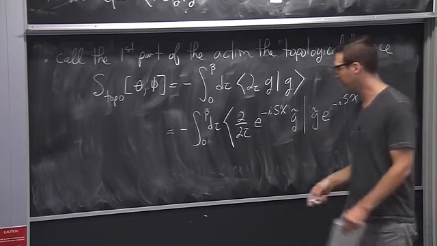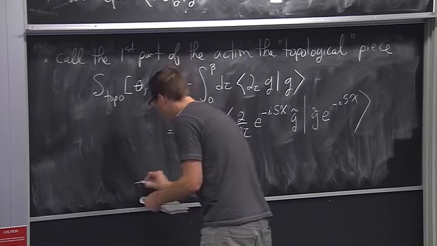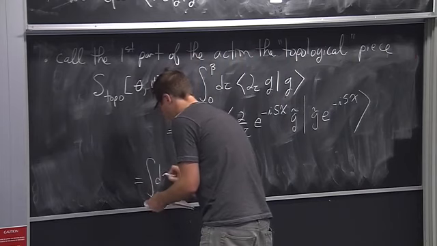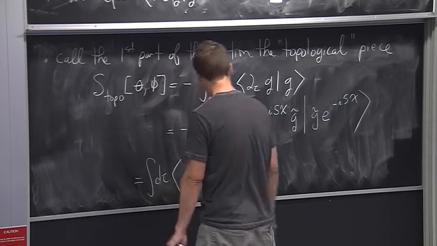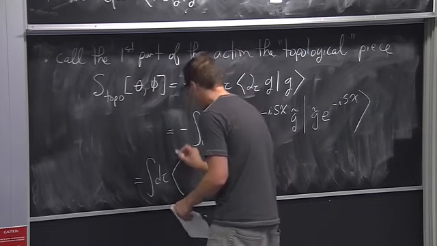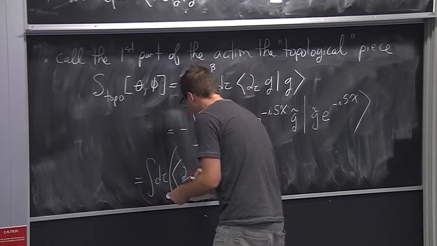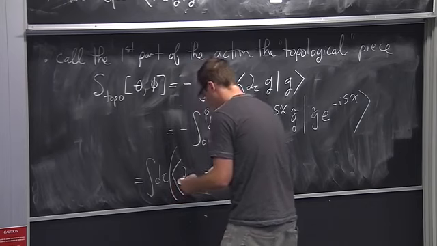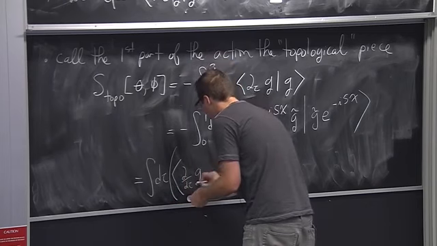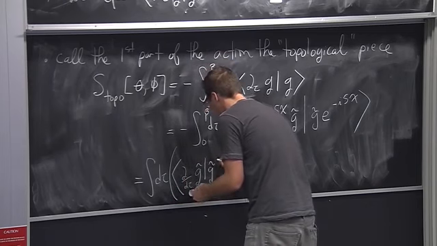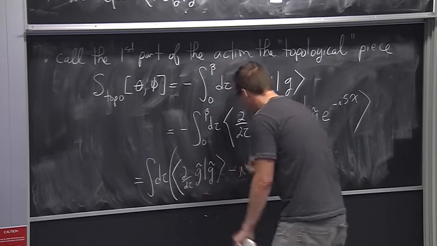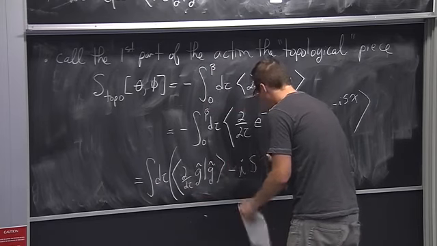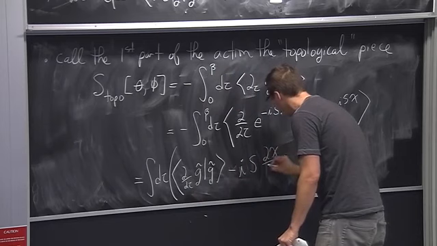Then I'll take the time derivative of the rest of it. So I'm going to have two terms, actually. So it's the time derivative of g tilde minus i s, and then the time derivative of chi.